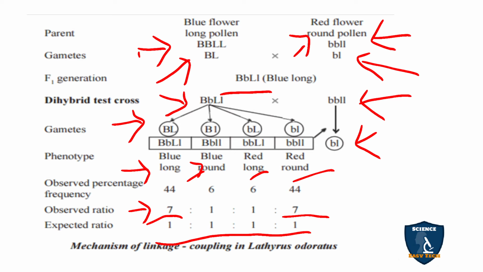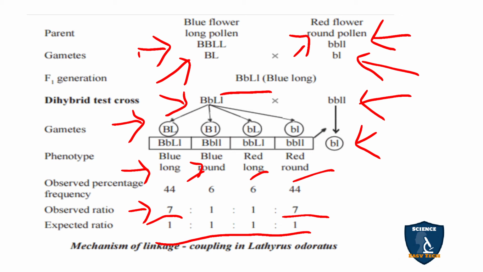If they are together, their capacity, their percentage, their frequency is more, the recombination is more, because they have more number of linked genes.